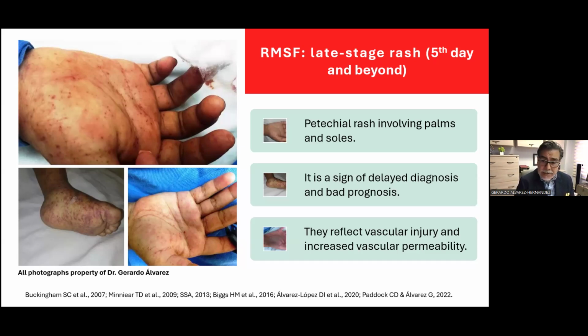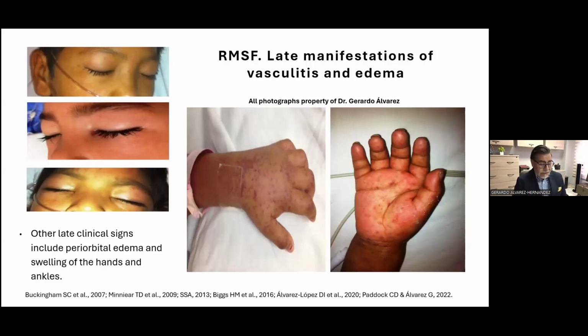Other late clinical signs of RMSF include periorbital edema and swelling of the hands and ankles, as you can see in these pictures of hospitalized pediatric patients.